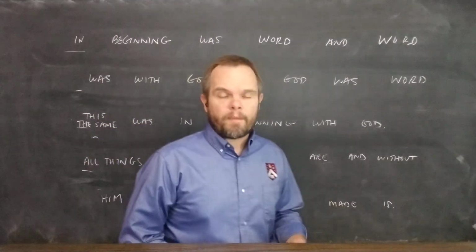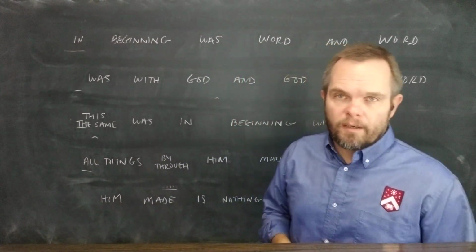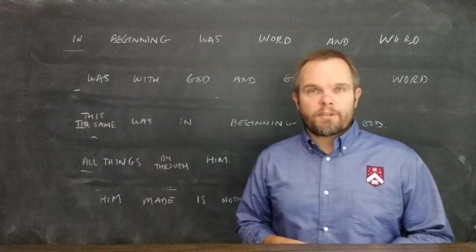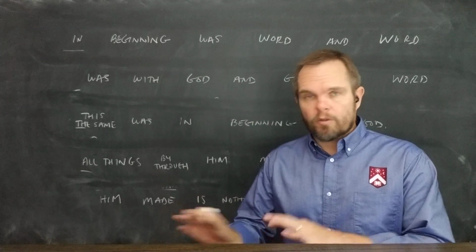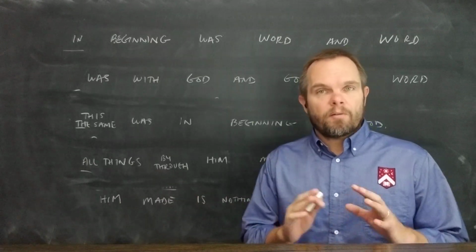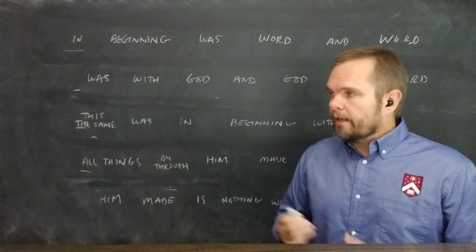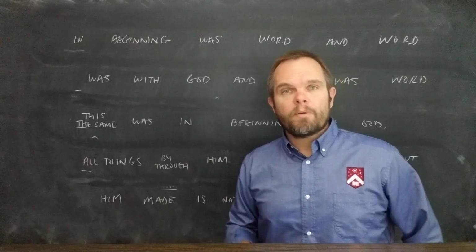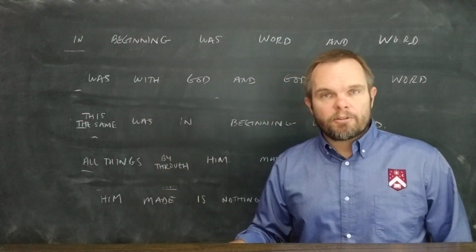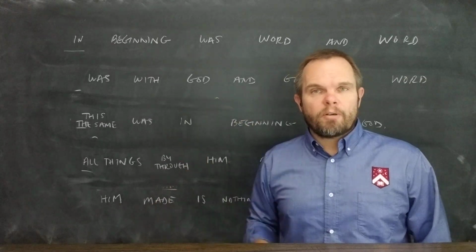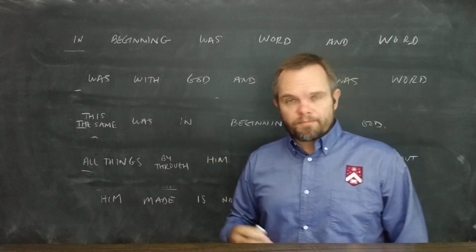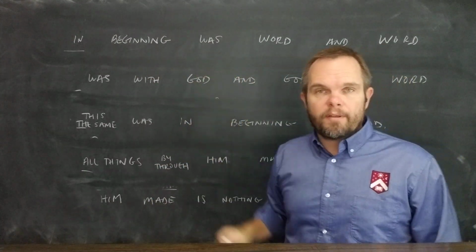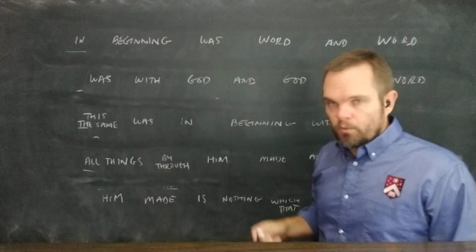So what you could do for this second part of this exercise, after you've written out your English translation word for word, don't move anything around or make any adjustments, write the translation word for word. After you've done that, you can copy the English translation. And then what we're going to do, instead of writing the English translation of the Latin text, we're going to try to remember what the original Latin text was and write each Latin word above its English translation. So you'll work through that like this.